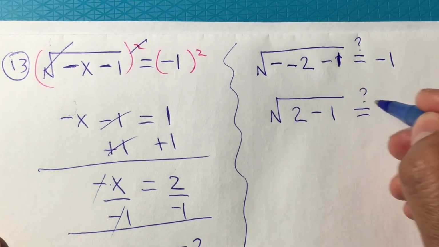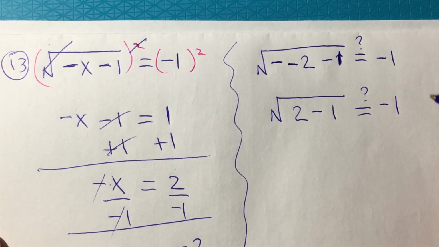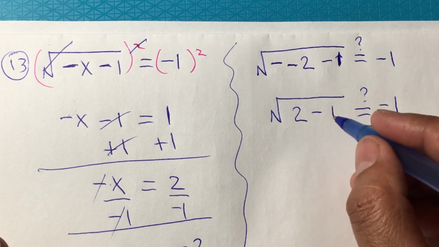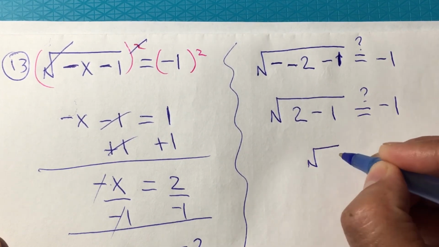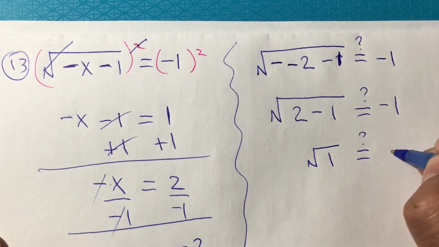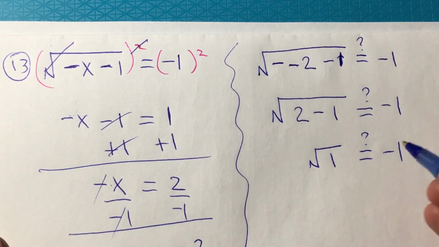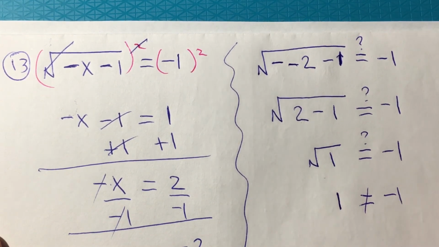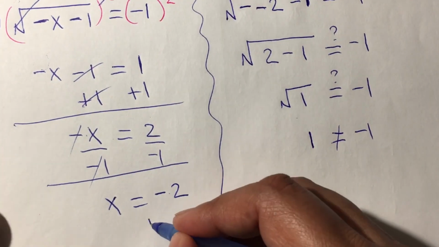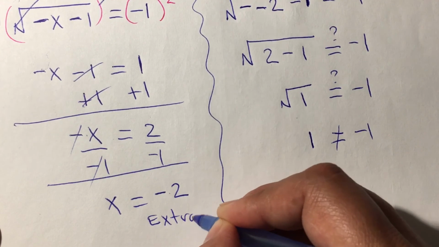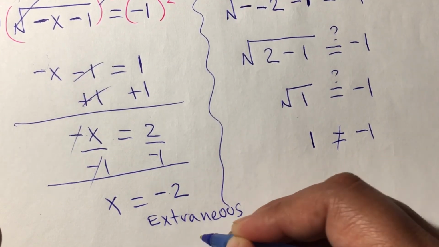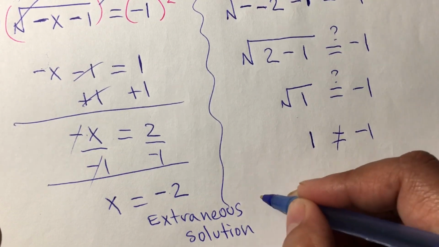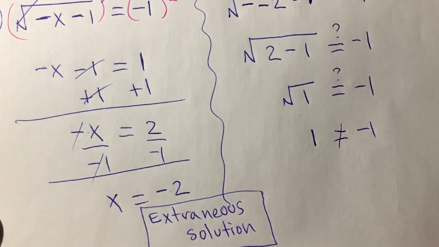Is it equal to negative 1? 2 minus 1 is 1. Square root of 1, is it equal to negative 1? And the square root of 1 is positive 1. It is not equal to negative 1, so this is an extraneous answer or solution. Okay? That's not a true solution.